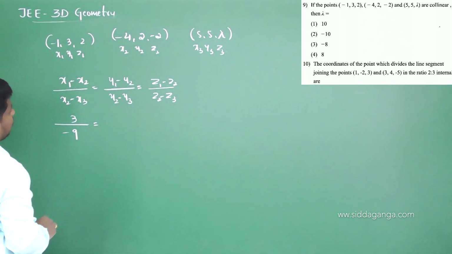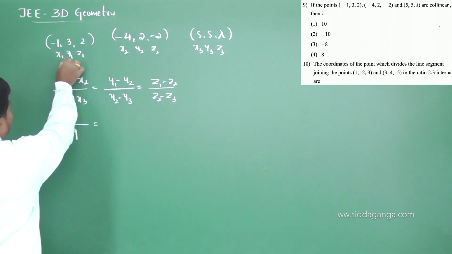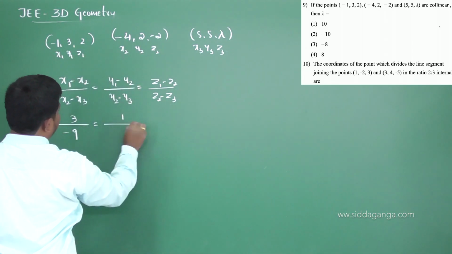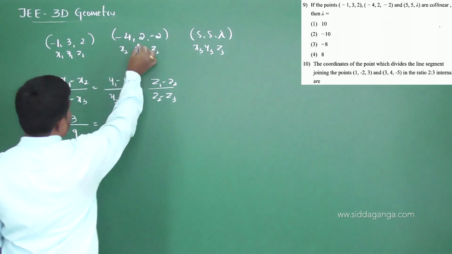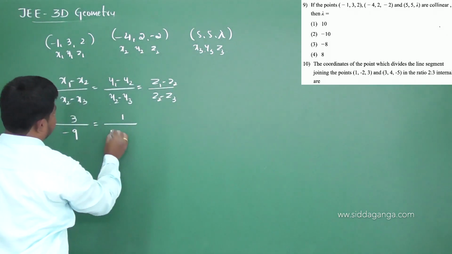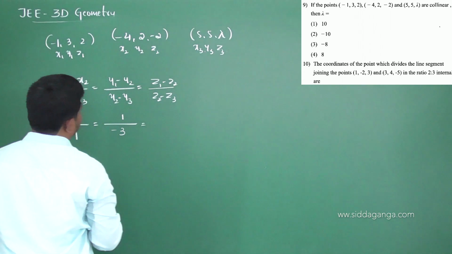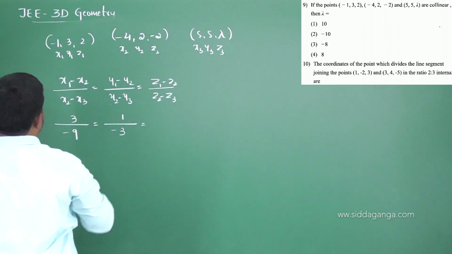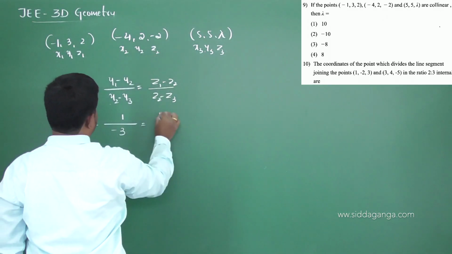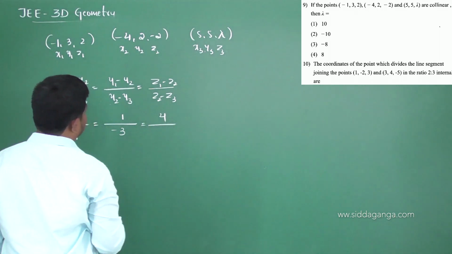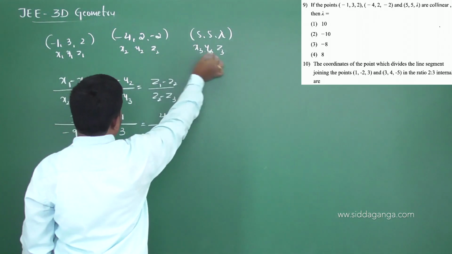Then y1 minus y2 is 3 minus 2, that is 1, divided by y2 minus y3, which is 2 minus 5, that's -3. And z1 minus z2 is 2 minus of -2, that is 2 + 2 = 4. z2 minus z3 is -2 minus lambda.